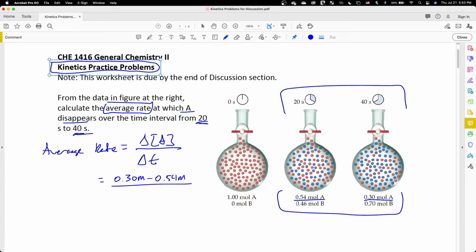And then all that is over the change in time.